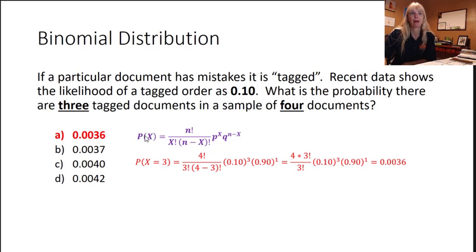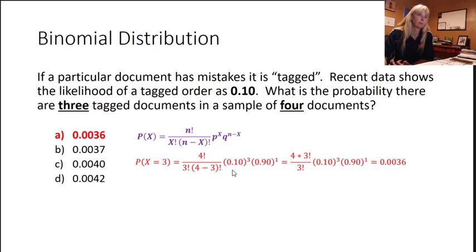This is my formula for the binomial distribution: the total number of documents, 4, x, the number I'm interested in, 3, and then n minus x, my sample size minus my x value, p, the probability of success that it's tagged, raised to the number of successes, which I'm looking for, 3, times the probability it's not tagged.